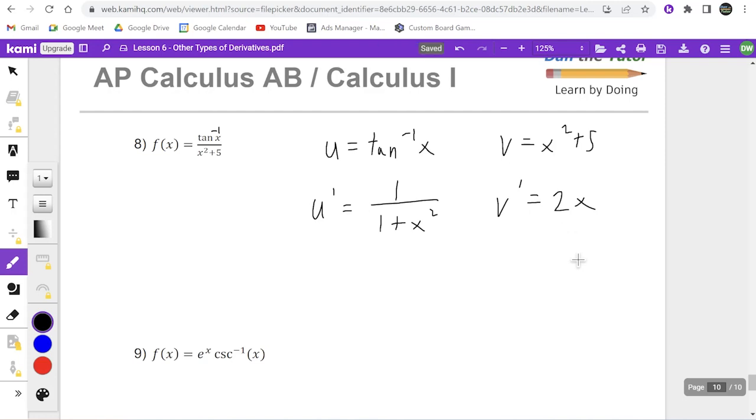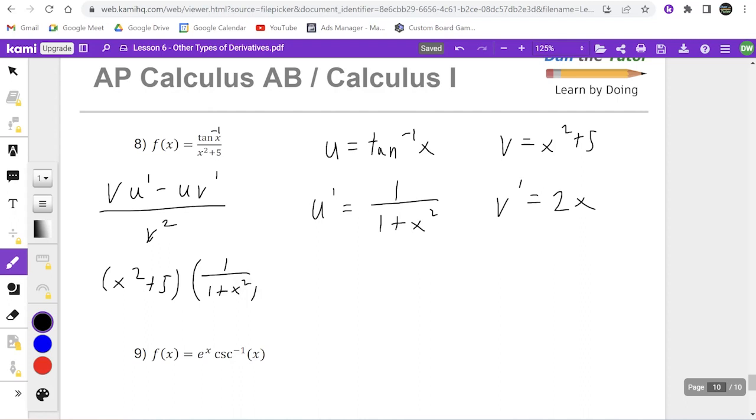And now when I take these derivatives and multiply, remember the formula. It's v times u prime minus u times v prime over v squared. That's what quotient rule says. So following my formula, it's parentheses x squared plus 5, close parentheses, times u prime, which is 1 over 1 plus x squared, minus u, which is arctangent x, times v prime, which is just 2x.